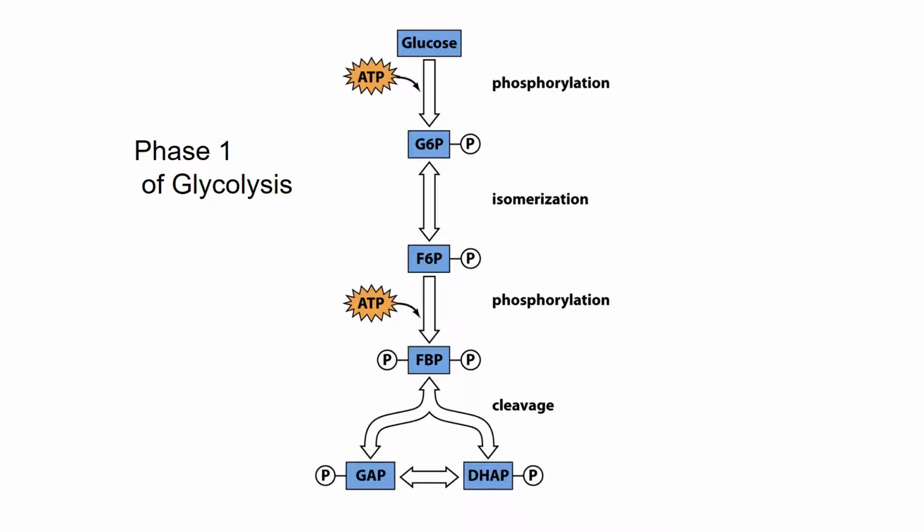In the fourth reaction, that fructose molecule is going to be cleaved into 2 3-carbon molecules, glyceraldehyde 3-phosphate and dihydroxyacetone phosphate. In the fifth step, which isn't shown here, the DHAP is converted to another GAP molecule.